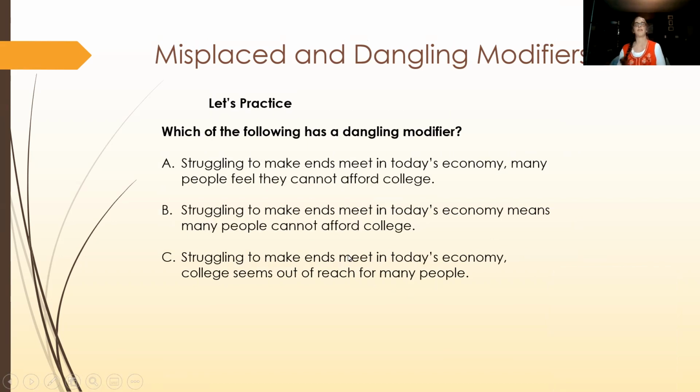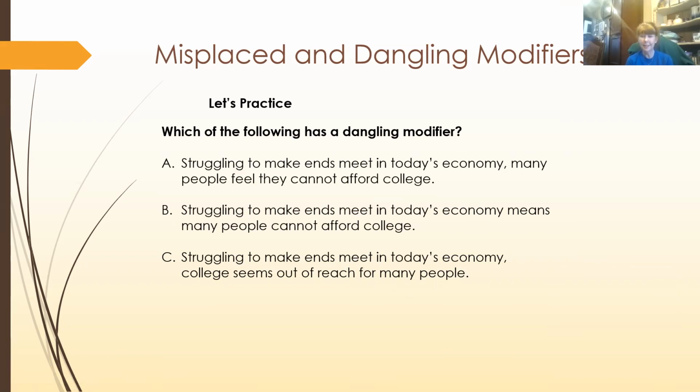One more. Which of the following has a dangling modifier? Struggling to make ends meet in today's economy, many people feel they cannot afford college. Struggling to make ends meet in today's economy means many people cannot afford college. Struggling to make ends meet in today's economy, college seems out of reach for many people.